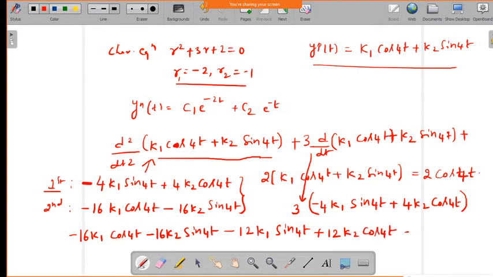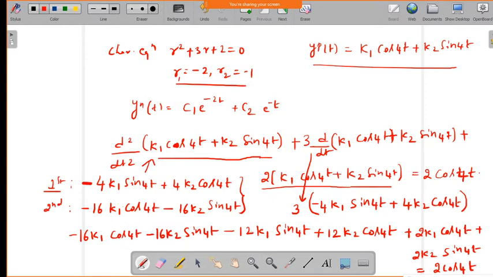Plus the last term, which is 2 into y of t, which is nothing but 2 k1 cos 4t plus 2 k2 sin 4t. That will be equal to the input, 2 into x of t, which is 2 cos 4t. Is it fine? Till now you are getting it.